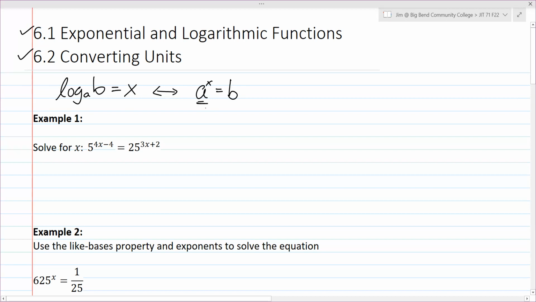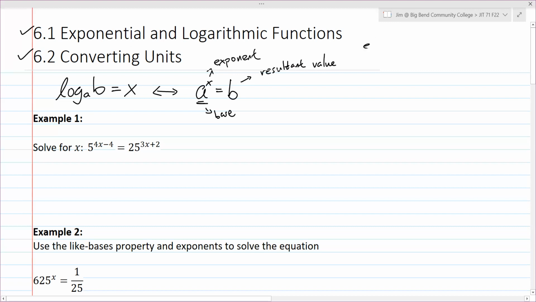A is called the base value, X is called the exponent, which is another name for power, and B is called the resultant value.